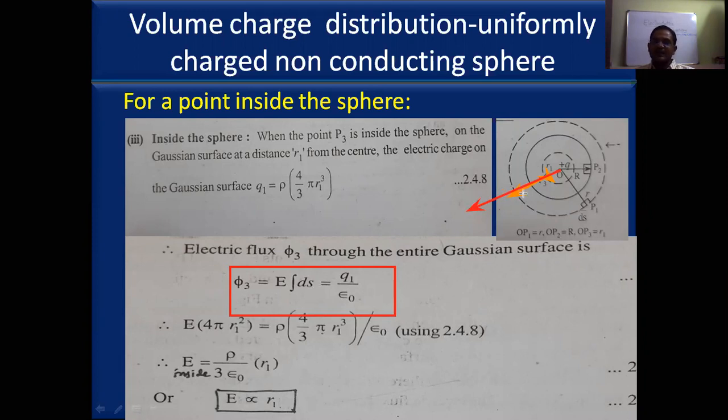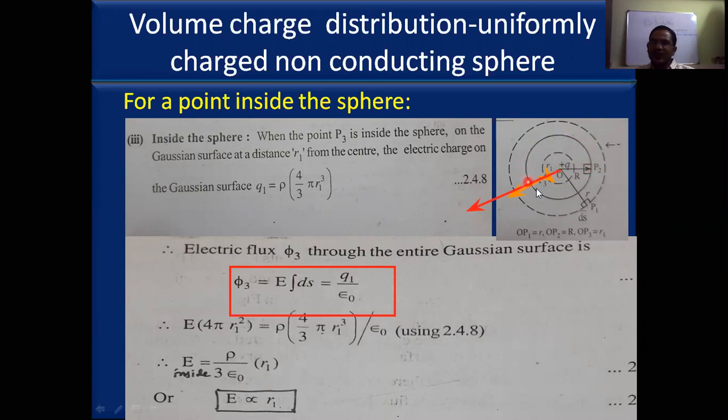E bar dot ds bar equals E ds cos 0, that is E ds. Since E is constant, it is written outside the integral. The integral of ds equals, according to Gauss law, 1 by epsilon naught times the charge enclosed by this small sphere, that is q1.